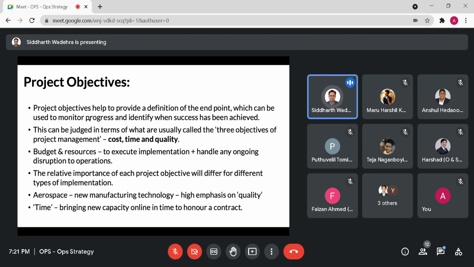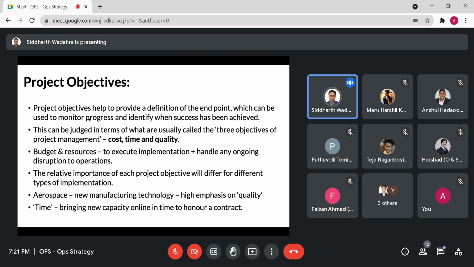Okay, when you talk about project objectives, like we discussed, you have pre-identified goals against which you are trying to track your movements or your progress. And typically you have three kinds of goals whenever you are trying to track the metrics. You have goals around cost, goals around time, and goals around quality. If you've studied project management, it's typically based on this triangle: cost, time, and quality.